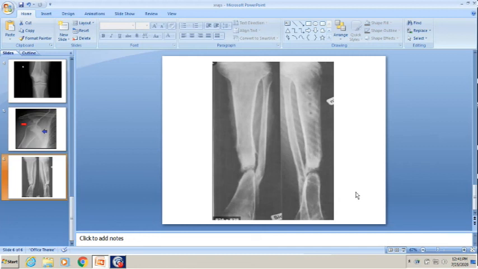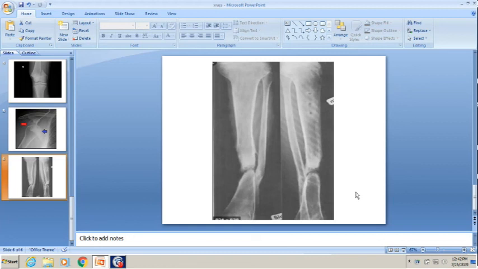What else? If there is infection. Yes, infected non-unions are painful.